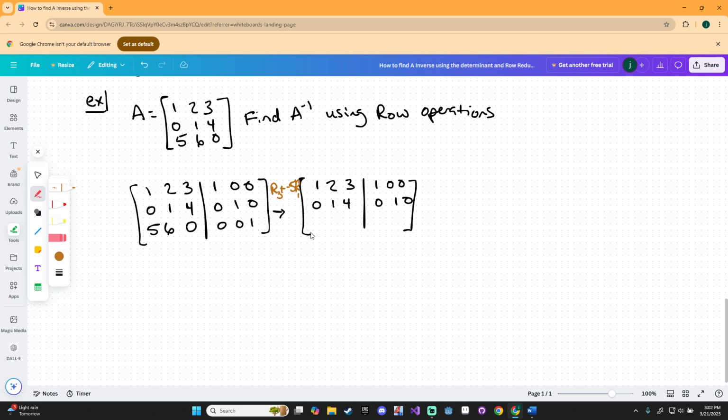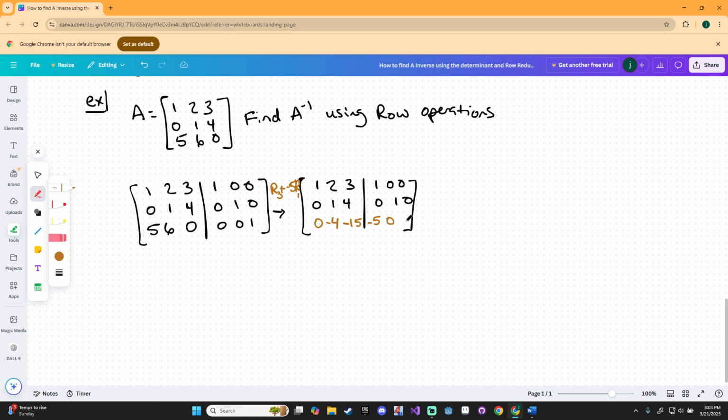So 5 plus -5 is going to be 0. 6 plus -10, -4. And 0 plus -15 can be -15. Here we go. 0 plus -5, -5. 0 plus 0 is 0.